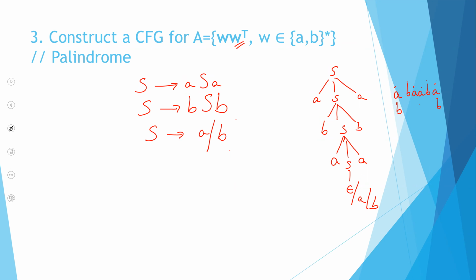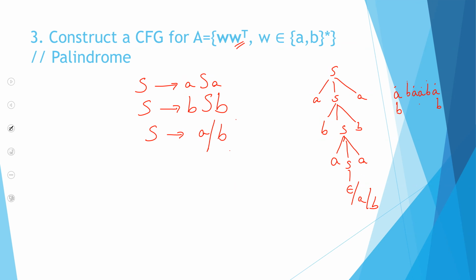So we'll go for the same rules. If it starts with A, it should end with A. If it starts with B, it should end with B. Because it is an even length palindrome, you should not be having anything in between. Right? So you can say S is epsilon. Okay, so let's try doing this.